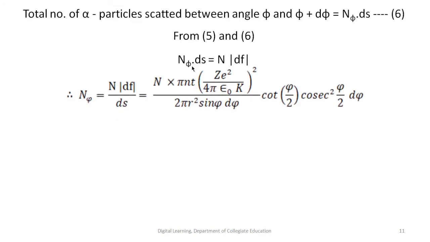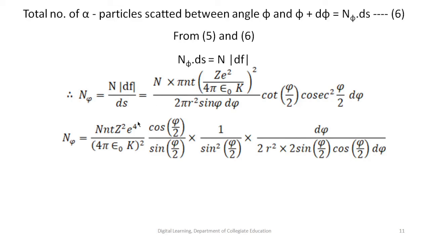Therefore substituting for df and ds we get N into df is pi N t Z e square divided by 4 pi epsilon naught K whole square, whole divided by the value of ds is 2 pi r square sin phi d phi into part phi by 2 cosecant square phi by 2 into d phi.